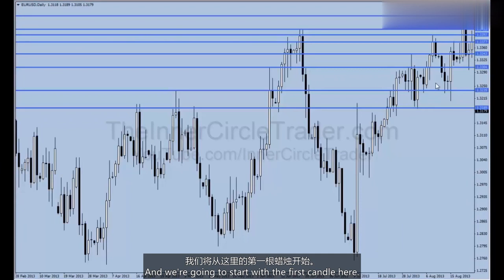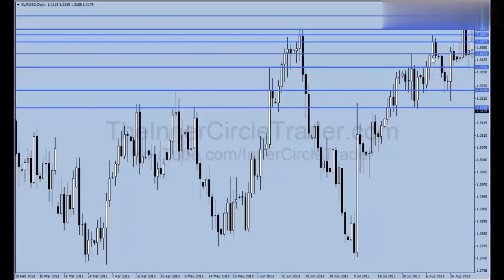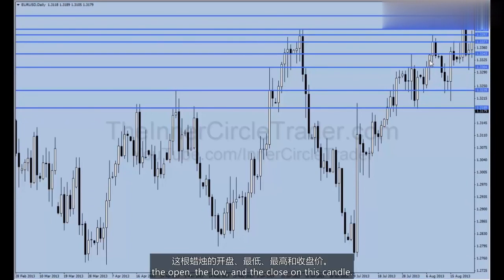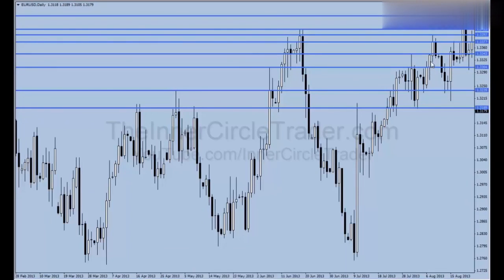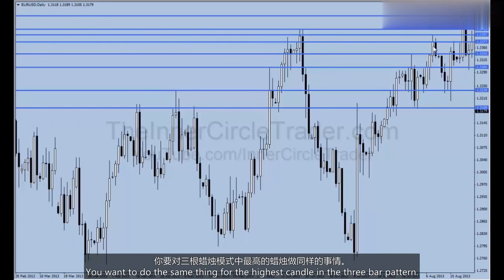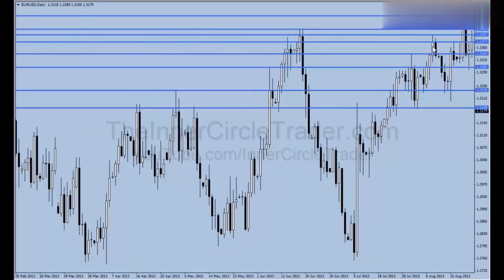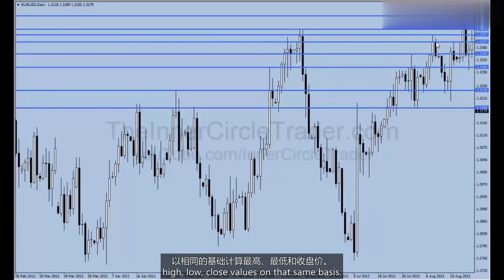Okay, and we're going to start with the first candle here. This candle on the left of the swing high, okay, you want to note the high, the open, the low, and the close on this candle. You want to do the same thing for the highest candle in the 3-bar pattern, and you want to do the same thing to open, high, low, close values on that same basis.